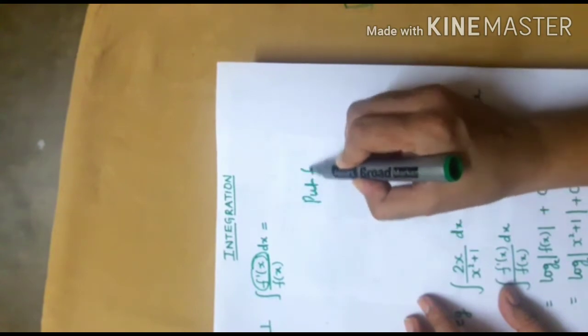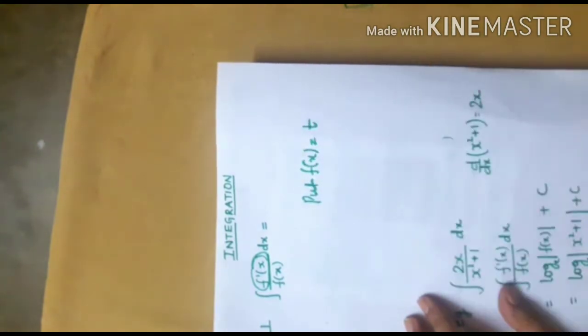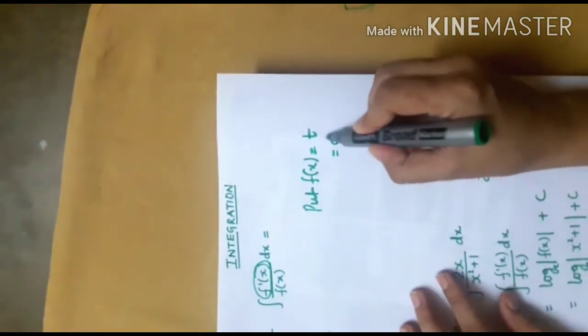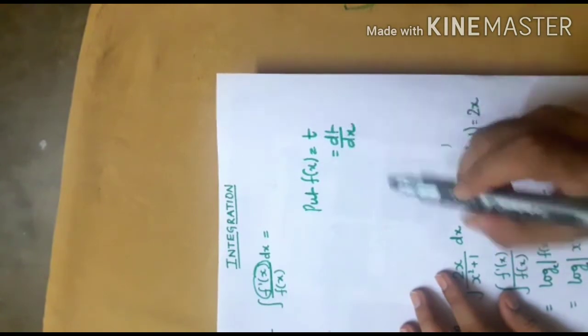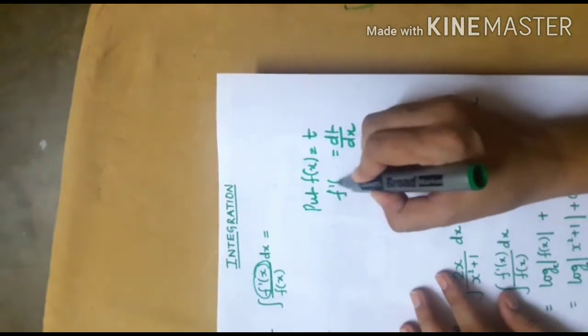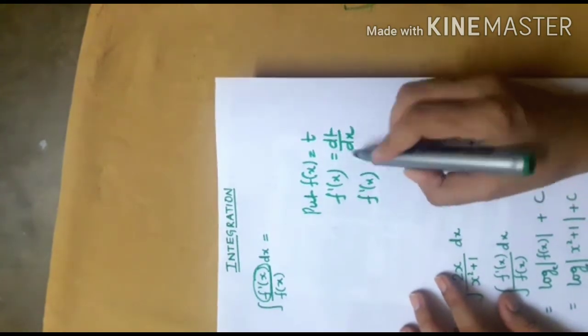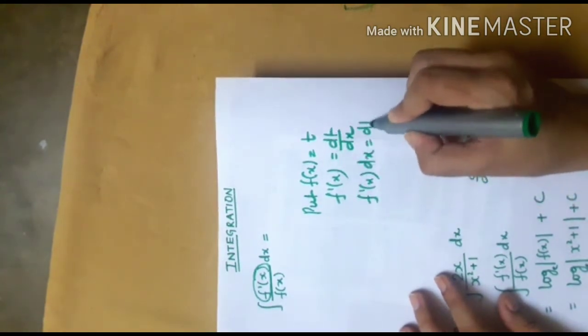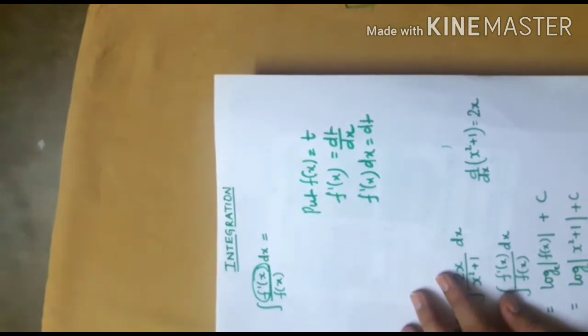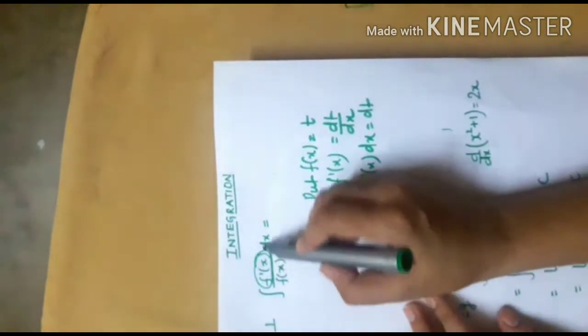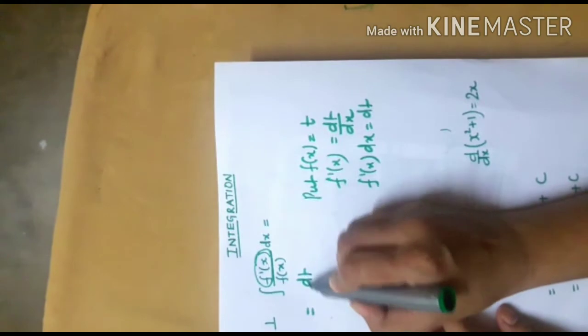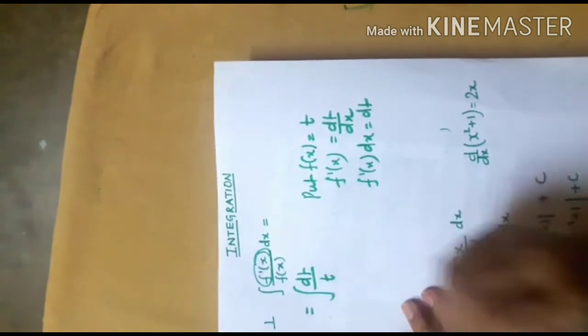I'll put f x equals t. On differentiation with respect to x, I'll get dt by dx equals f dash x. So from here, f dash x dx will be equal to dt. So this can be written as dt over t.